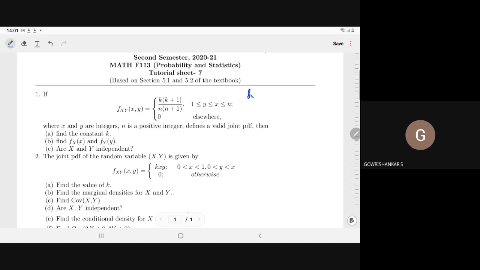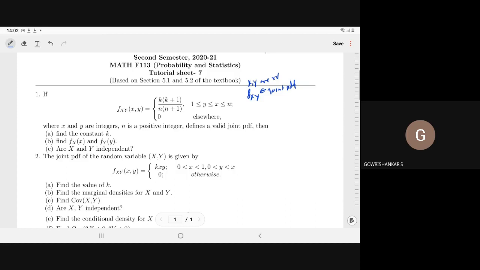If we have two random variables X and Y, whether discrete or continuous, they are random variables. So f_XY is known as the joint PDF.